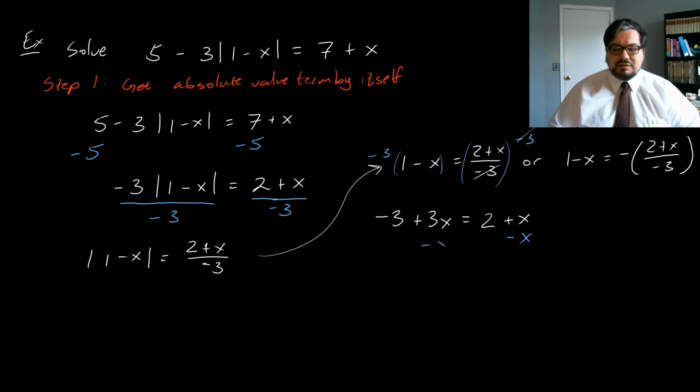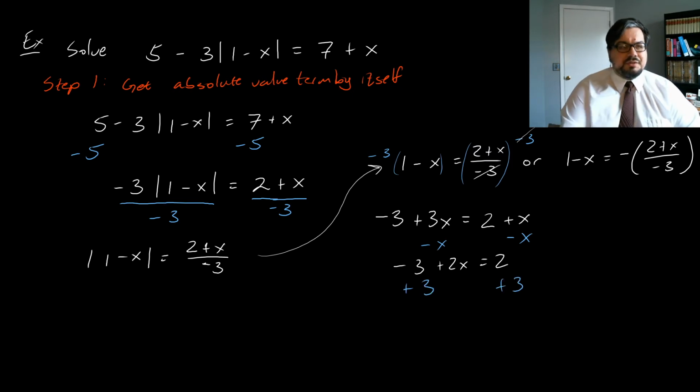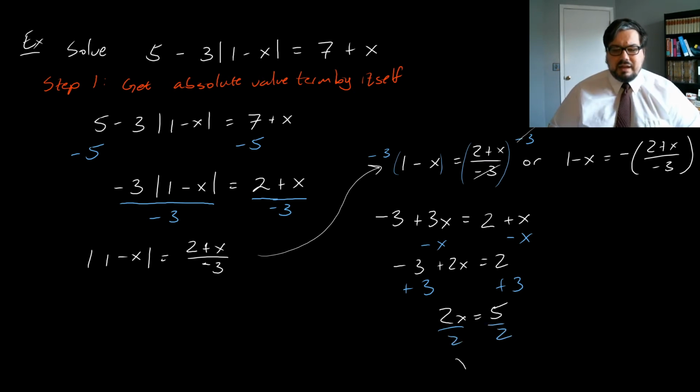We'll subtract x from both sides to get negative 3 plus 2x equals 2, and then add 3 to both sides to get 2x equals 5. Divide both sides by 2 and get x is equal to 5 halves. So there's one of our solutions, potentially. I'll talk about that in a second.